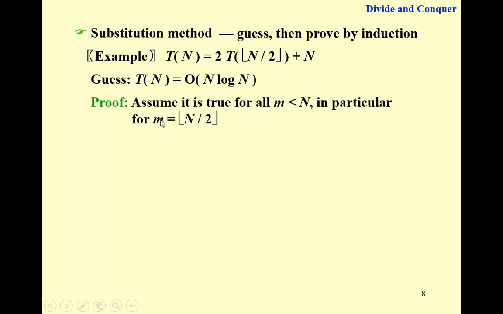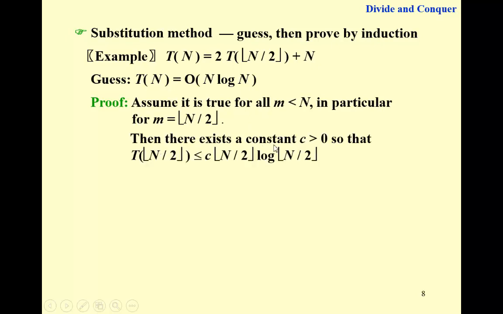Right? So for any such m, t of m is bounded above by a constant times m times log m. So we assume that there exists a constant c so that t of m is bounded above by this constant times m times log m.